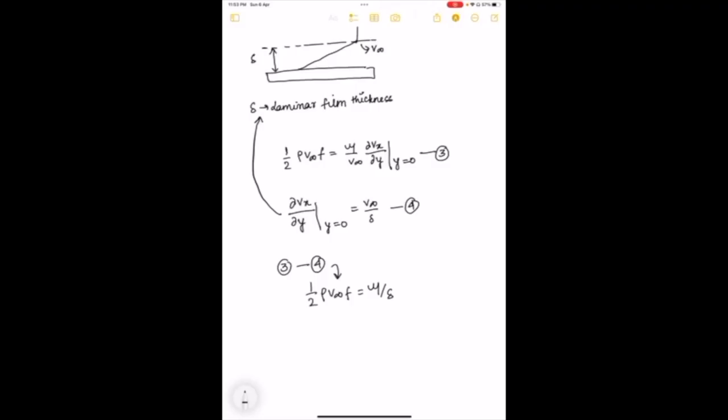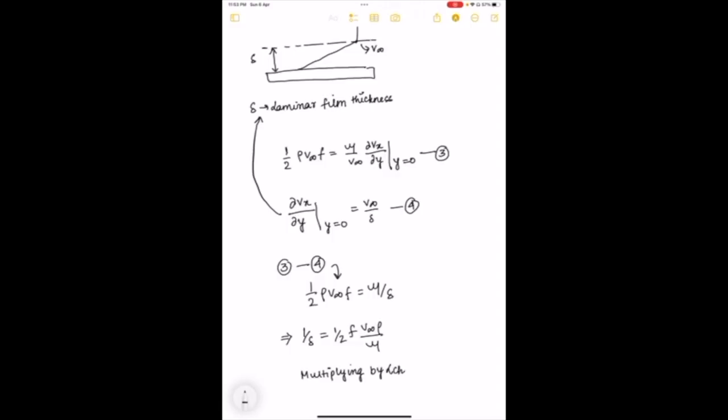Now let's rearrange this equation. Rearranging, we get 1 by delta equals half f V infinite into rho by mu. Now we multiply both sides by LCH.